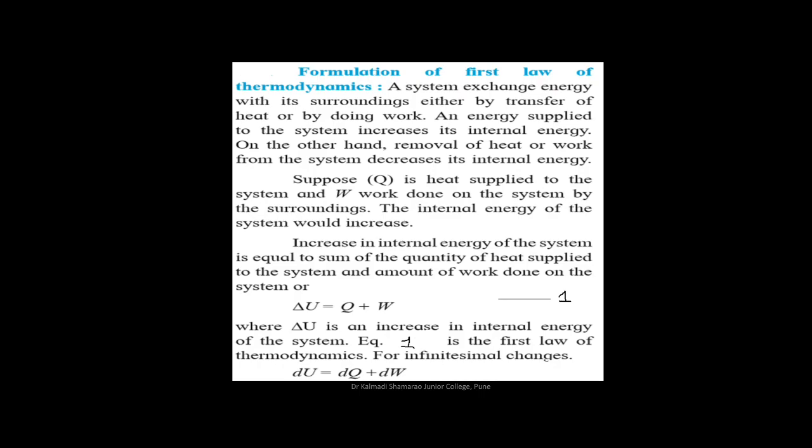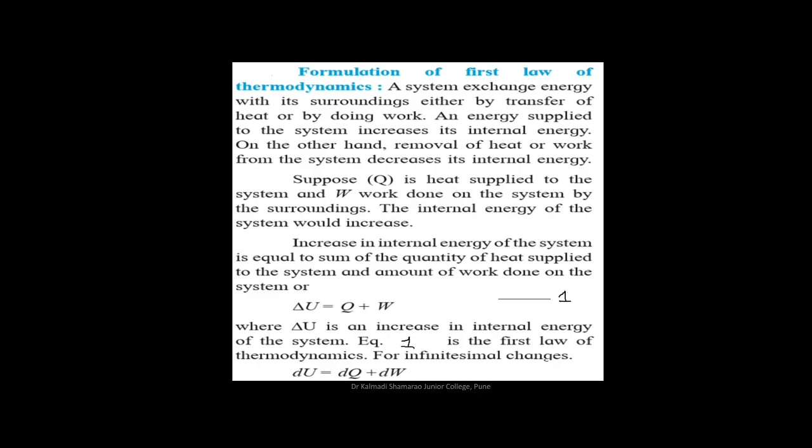Now, let's formulate the first law of thermodynamics. A system exchanges energy with its surroundings, either by transfer of heat or by doing work. When energy is supplied to the system, it increases its internal energy. On the other hand, when we remove heat, it decreases the internal energy of the system.